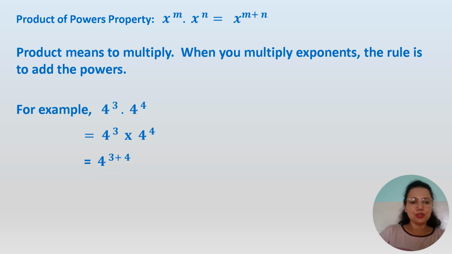So we're going to say 4 to the power 3 plus 4. 3 plus 4 is 7, so we say 4 to the power 7. Now that's repeated multiplication. We are multiplying 4 seven times, and that is going to give you an answer of 16,384.